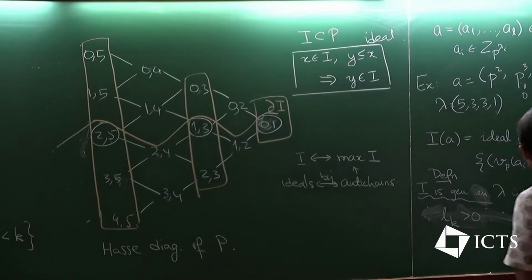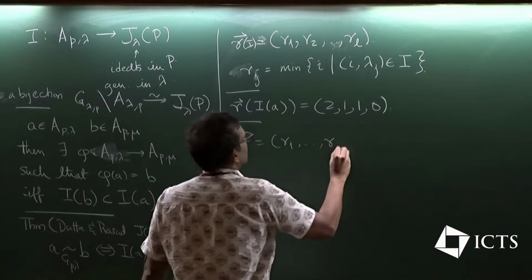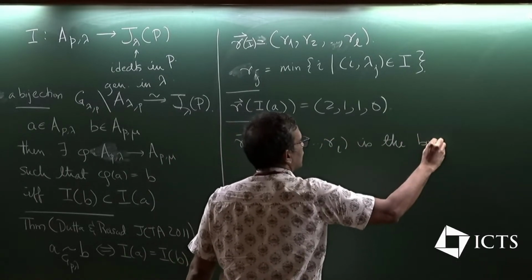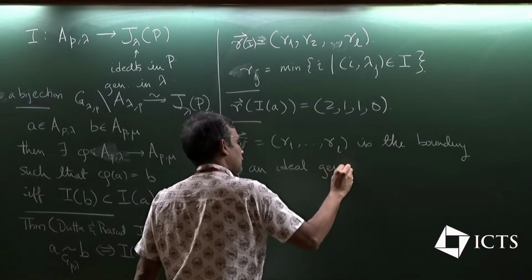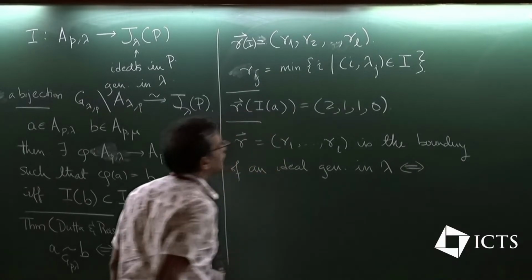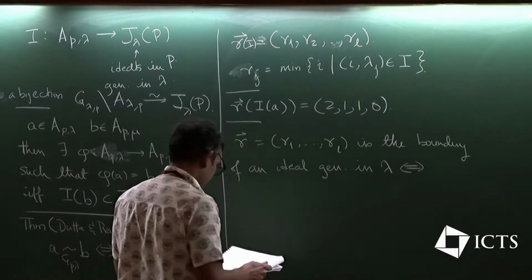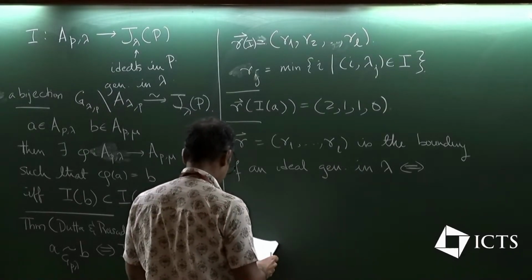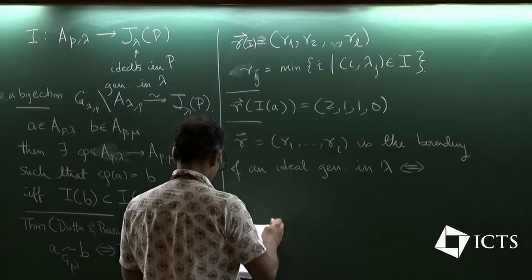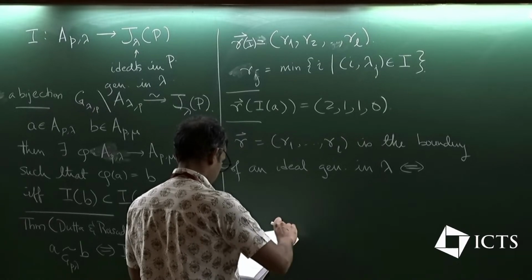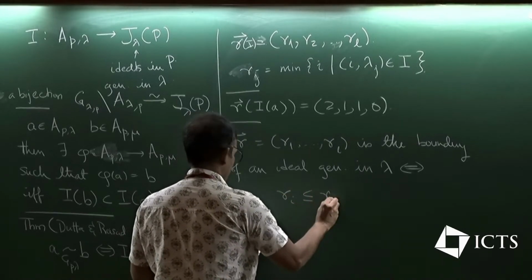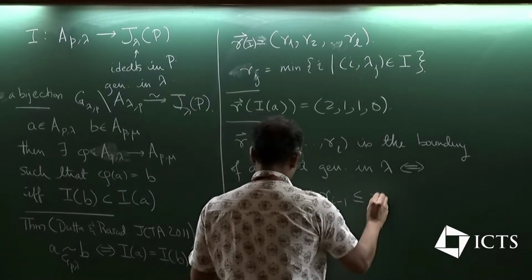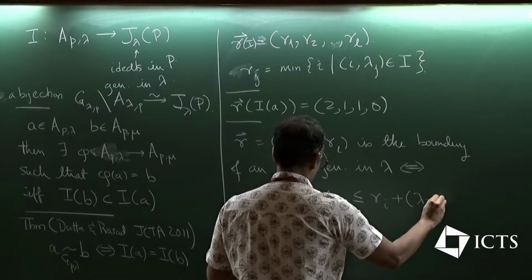Okay, so what that's saying is that R is a boundary of an ideal generated in lambda if and only if the inequalities hold: R_i is less than or equal to R_{i-1} is less than or equal to R_i plus lambda_{i-1} minus lambda_i.